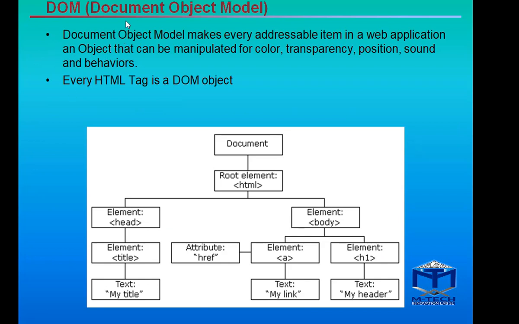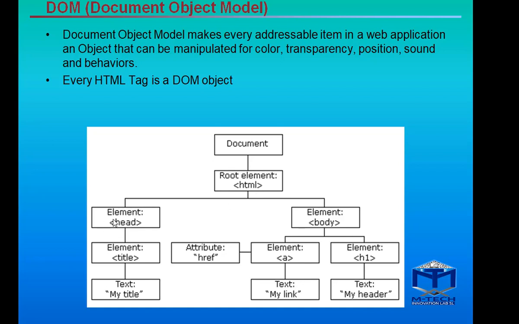Now let's look at the DOM. This is the Document Object Model. The DOM makes every addressable item in a web application an object that can be manipulated for color, transparency, position, sound, and behavior. Every element tag is a DOM object. As you can see here, I have a document. I have the root with the HTML.